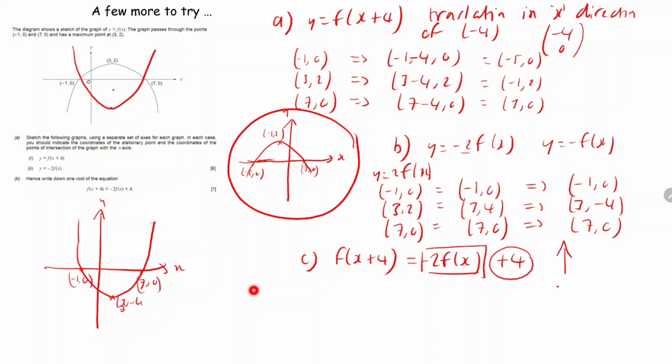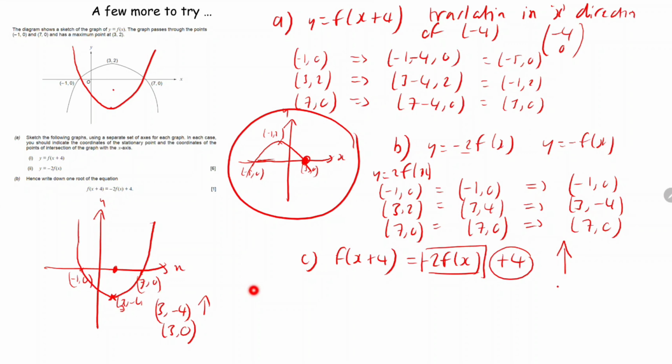So if you look at this minimum point on the second graph we drew, which was at the coordinates 3, minus 4, if we pushed that up 4, it would now be at the point 3, 0, which would be here. And what you should notice is that is actually the coordinates of this point here.